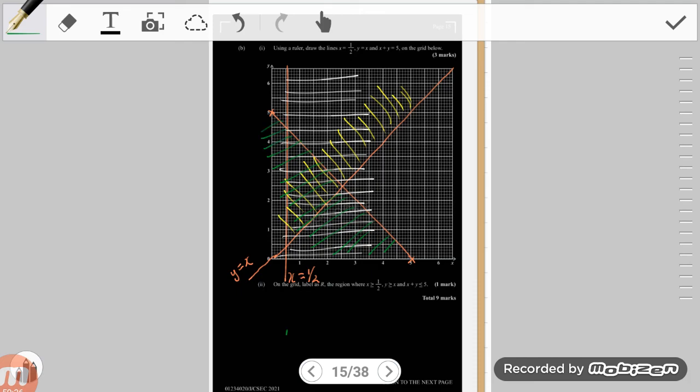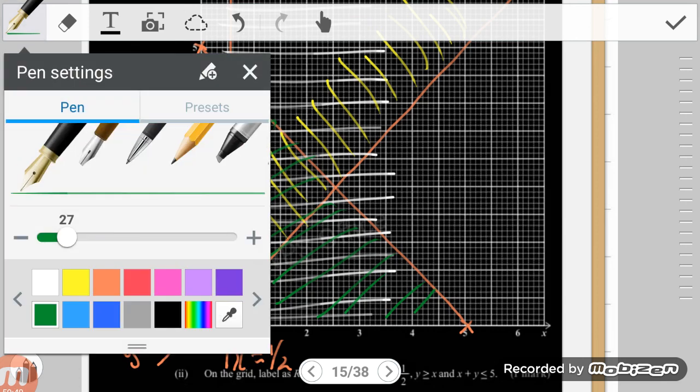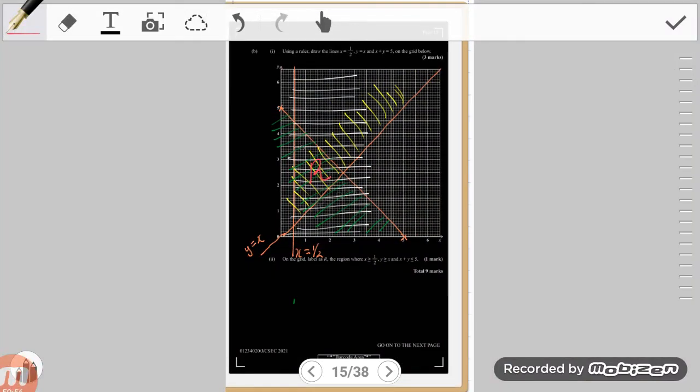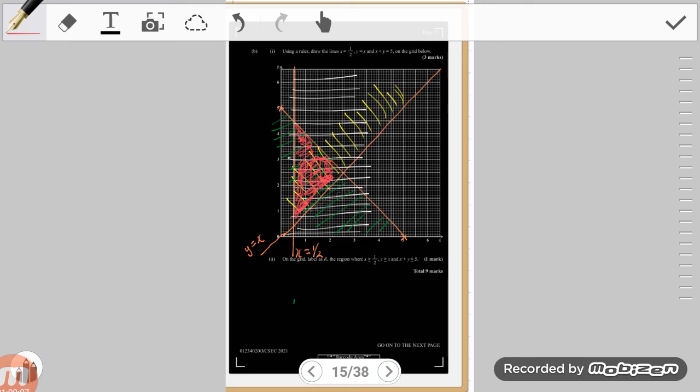So the region, if you look carefully, where the white shade, the yellow shade, and the green shade come into play is going to be right here in this region. So we're going to label that R, and that's the region here. So we could just shade that region there and leave it R. Alright, and that's the region that satisfies the 3 inequalities.